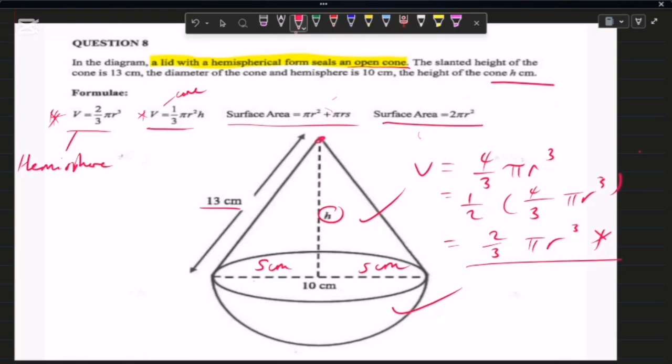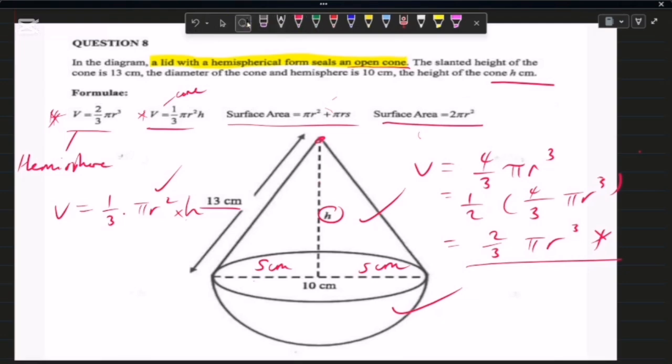We spoke about this. The base is a circle, so it will be pi r squared, multiplied by the perpendicular height, which in our case is h. So this one matches, and that is the volume of our cone.